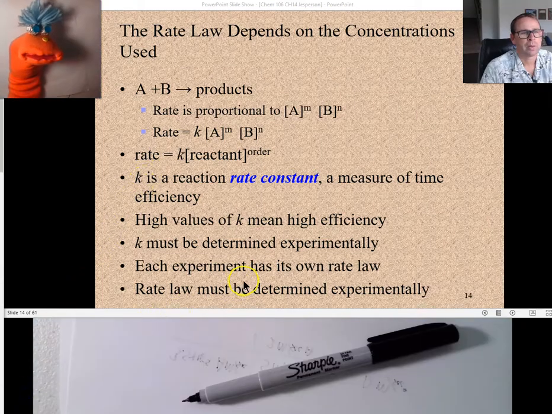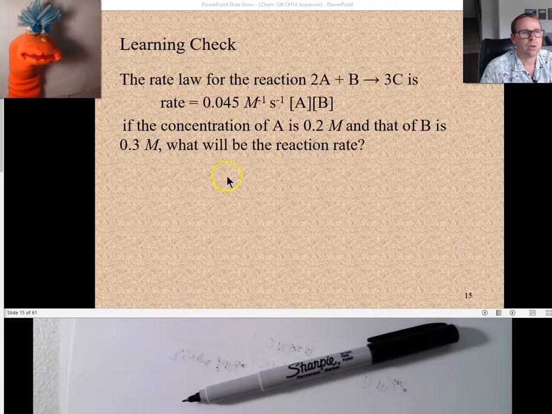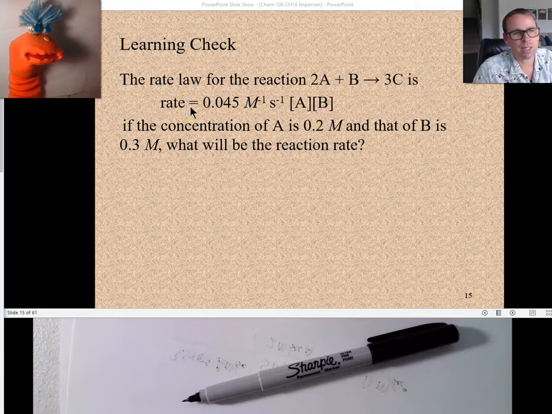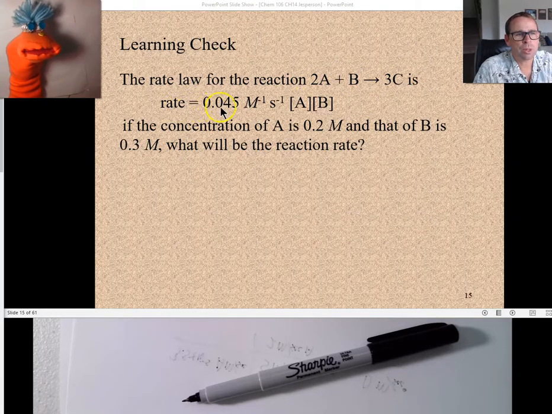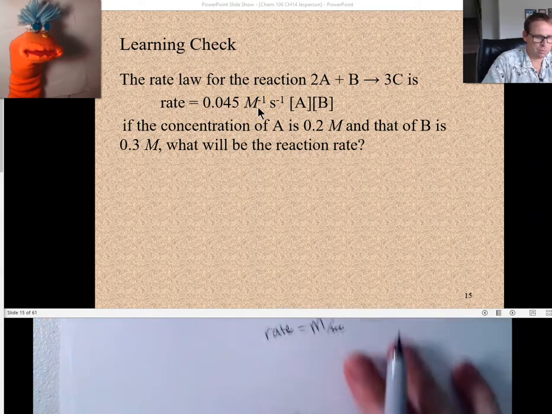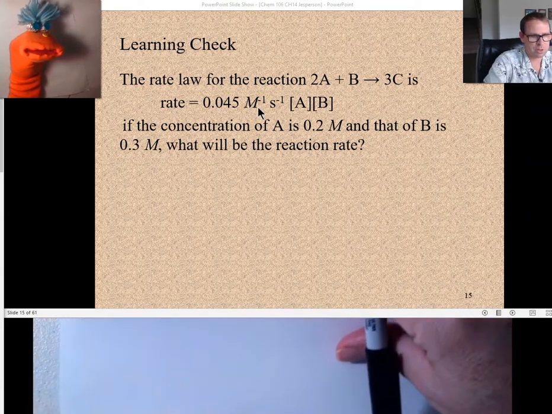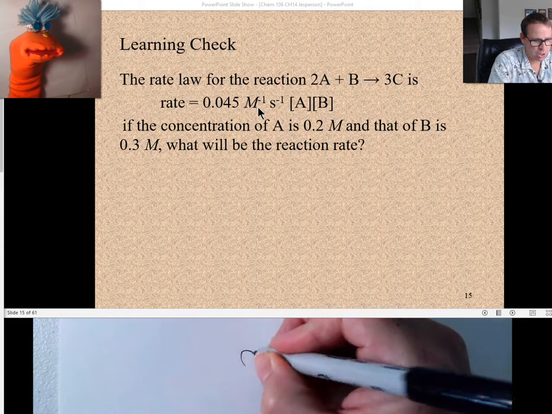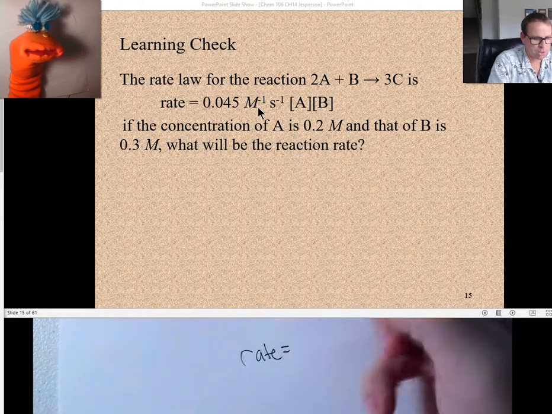Good. Okay, so the rate law for this reaction here, 2A plus B yielding 3C, is, and again, rate laws always look like this, rate equals 0.045, and now this is the k, so let me draw a generic rate law, which looks like this.